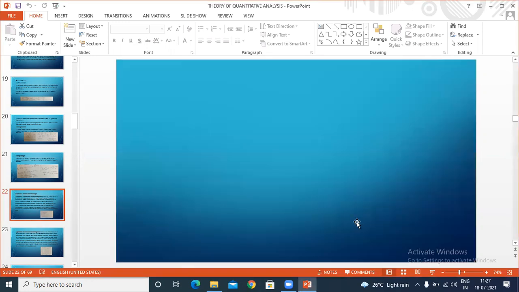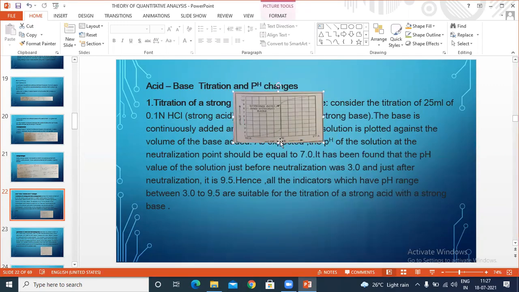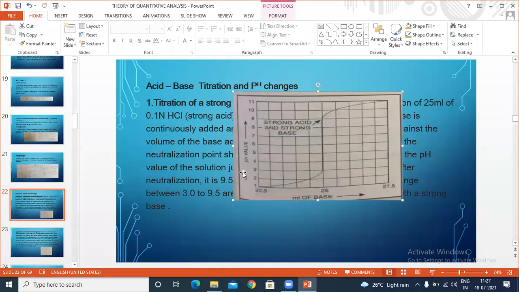See, for example, if you observe this, I will simply maximize this graph, then it is easy to understand. When we draw a graph of pH value against the base added, the base is on the x-axis and the pH value on the y-axis.